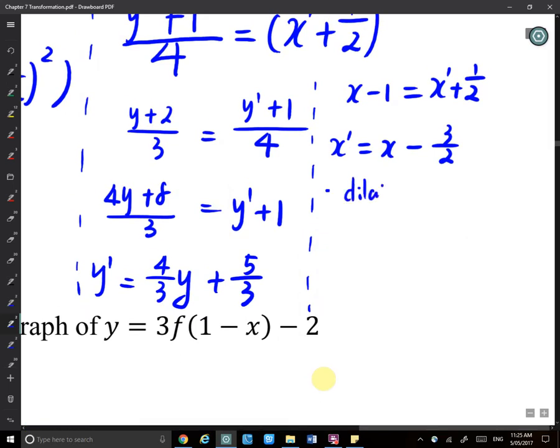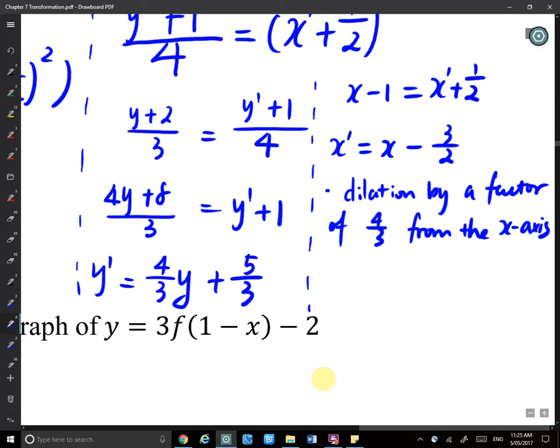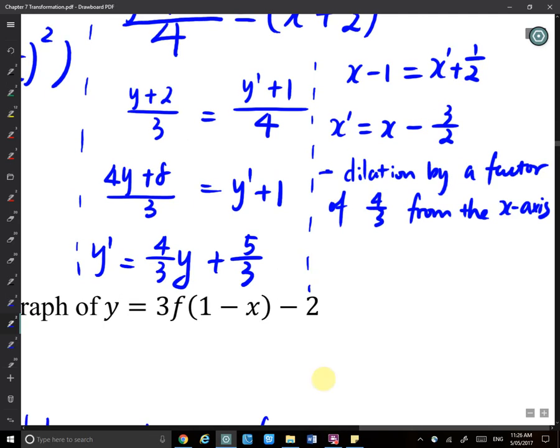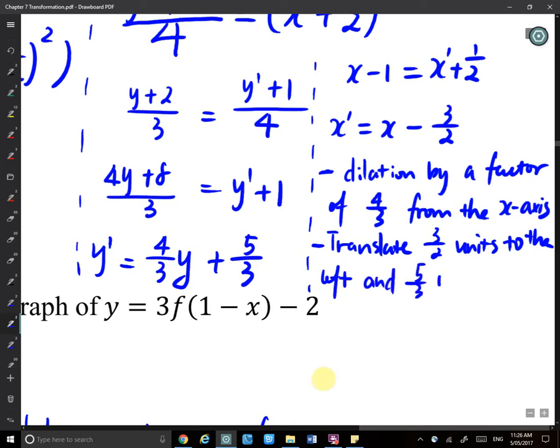In order: dilation by a factor of 4 on 3 from the x-axis, because it's changing y. Second, translate 3 over 2 units to the left and 5 over 3 units up.